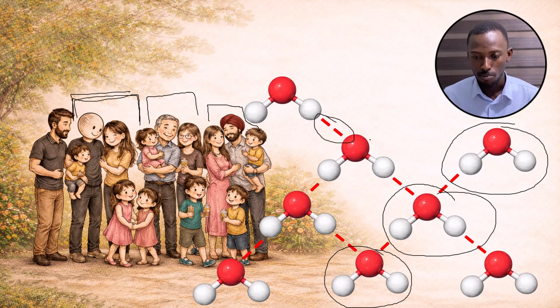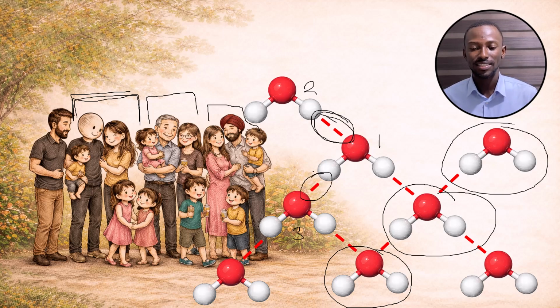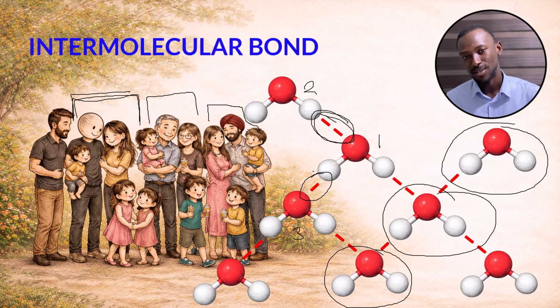So you have molecule 1, molecule 2, and then there is a bond holding the two molecules together. We have this molecule and this molecule, and there is a bond holding them together. The type of bond that holds the individual molecules together is known as what? Intermolecular bond.